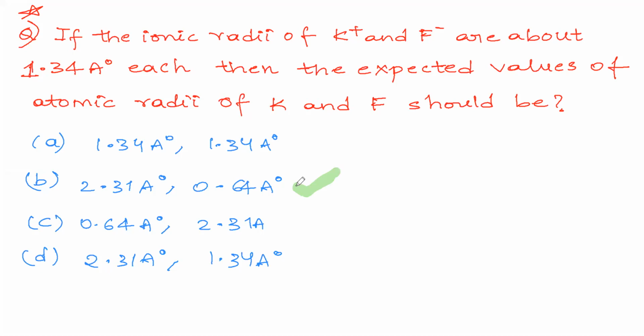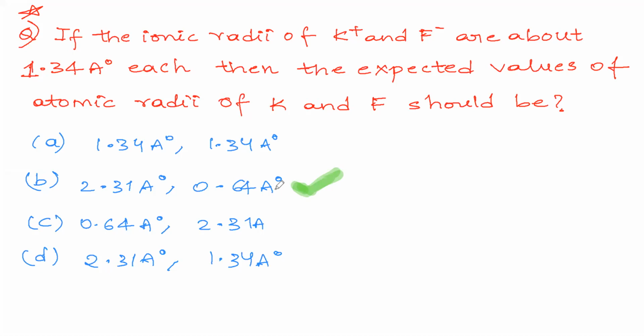So potassium has 3 shells and fluorine has only 2 shells. For fluorine K and L shells, and for potassium K, L, and M shells also. So automatically the atomic radius is bigger for potassium than fluorine. So the answer is the second option, that is 2.31 and 0.64 angstroms.